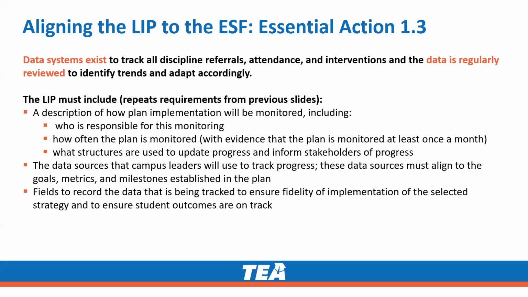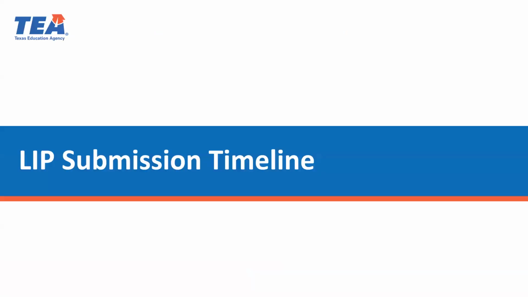You've got a plan to regularly monitor that plan and share progress with stakeholders. You've got clear data sources that you're using to track your progress in the plan, and that you've got a place in the plan to record the actual data points compared to your expected data points.